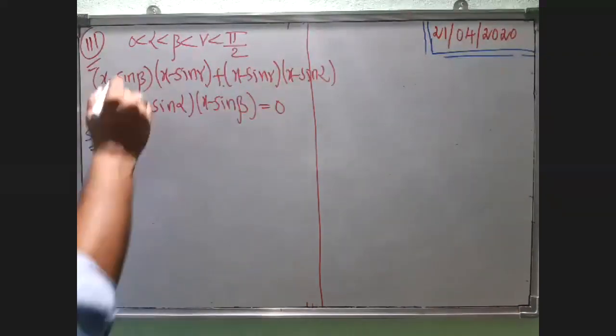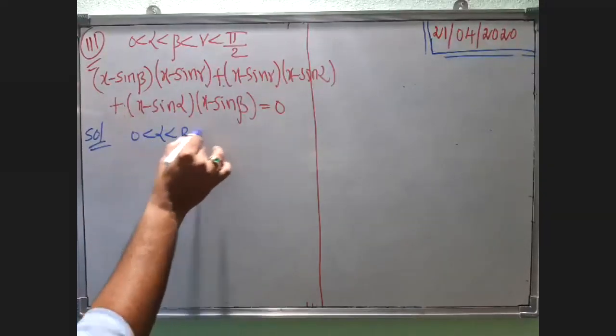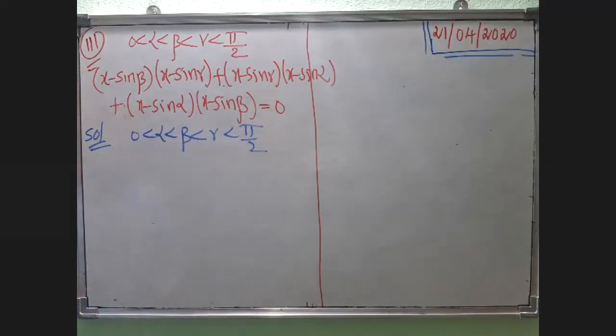So as 0 is less than alpha, less than beta, less than gamma, less than pi by 2, you know that the sin x function in the first quadrant is increasing. That means sin x value from sin 0 is 0, sin 90 is how much? 1. From 0 to 1 it keeps increasing.